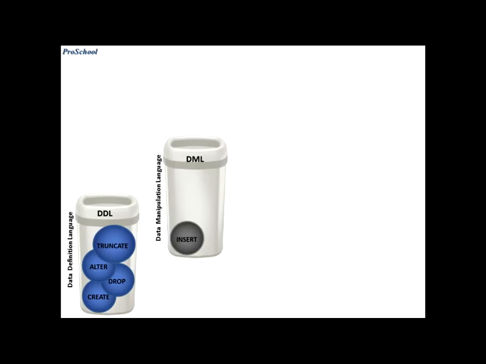We are manipulating data, inserting data. Next, we can delete existing data. This will not impact the structure, we are only playing with the data. That's why delete will come under manipulation language. Next, we can update existing data. In short, we can say the structure is impacted using DDL commands and data is impacted using DML commands.